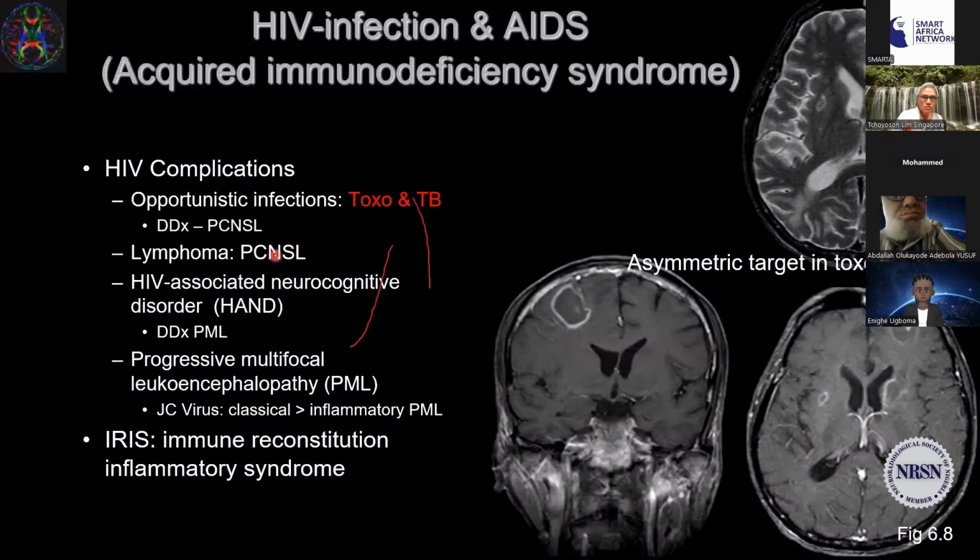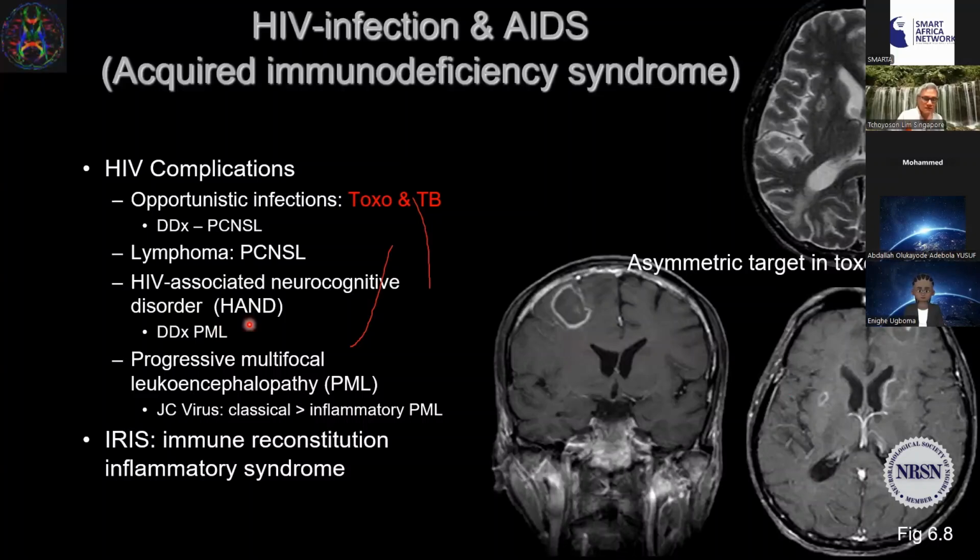These two usually present as abnormal mass lesions. There are two other conditions which I will describe a little bit later, and they include the HIV-associated neurocognitive disorder, used to be called HIV-associated dementia, and it is now called HAND.